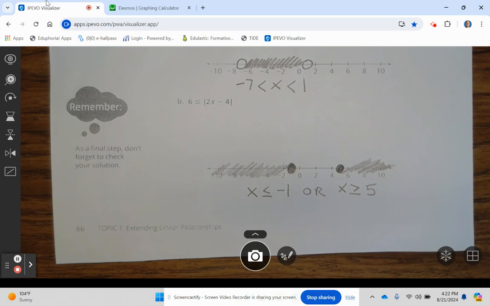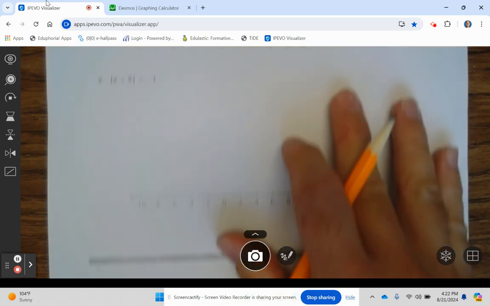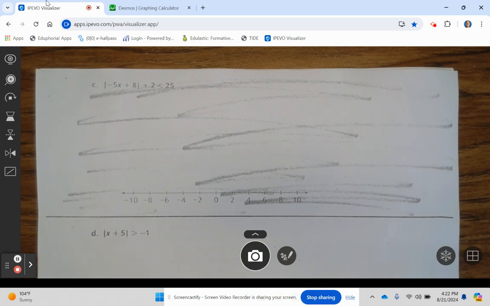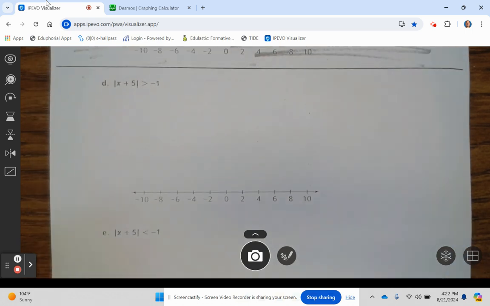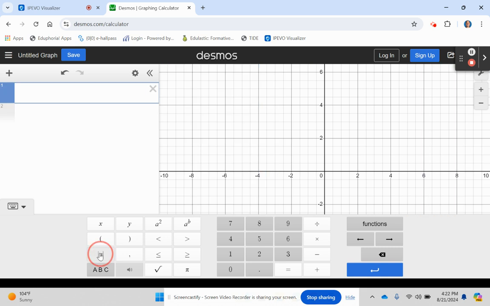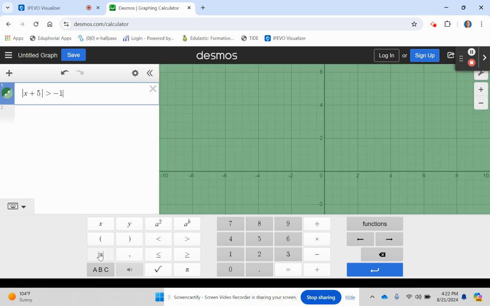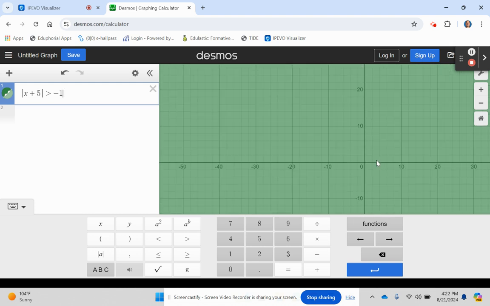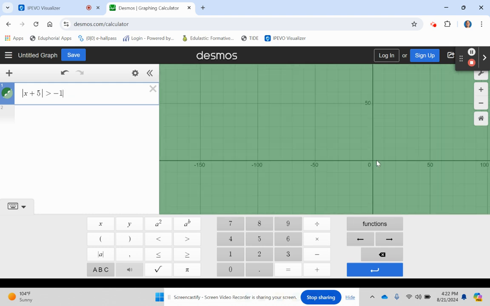Let's take a look at the next page. Go ahead and mark out C, and let's take a look at D. All right, you'll see that when we zoom out, the entire number line is completely shaded, and that's because absolute value is always going to be greater than a negative number.